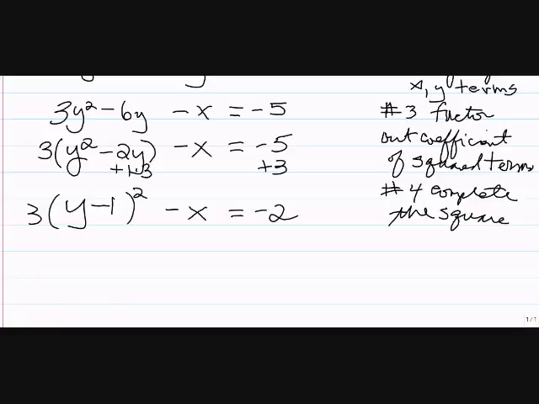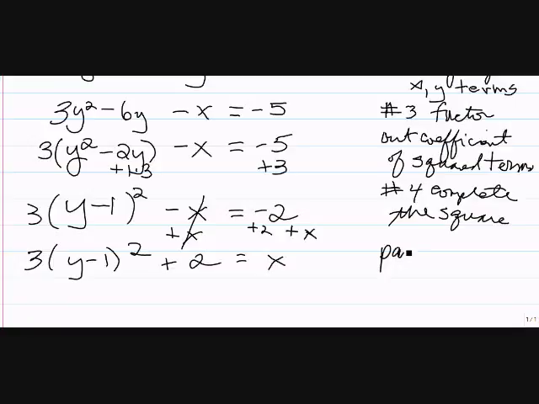I'm going to write this in the form of x equals, because I've got a parabola. So let me add x to both sides, and I get x equals 3 times y minus 1 squared. I don't want this negative 2 over here, so let me add 2 to both sides. Now I know exactly what my equation is.